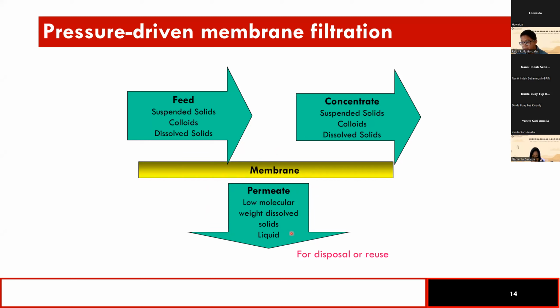And this can be used for other work or for disposal. However, everything that is rejected by the membrane, or which cannot pass through the membrane, like suspended solids, colloids, and dissolved solids, are left in the solution, and this will be concentrated, and this will be used for other purposes.